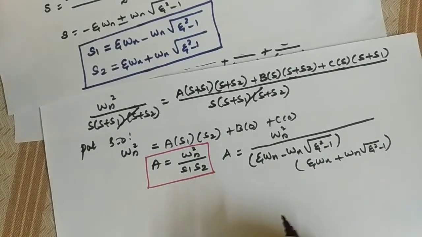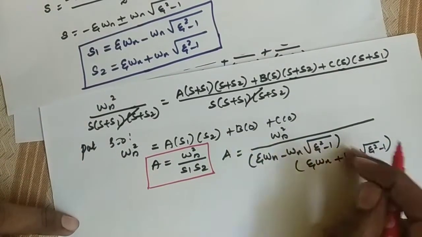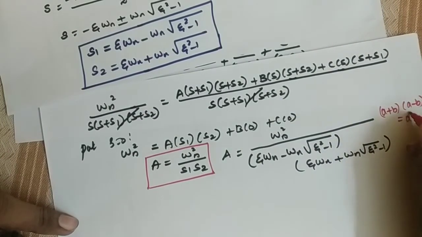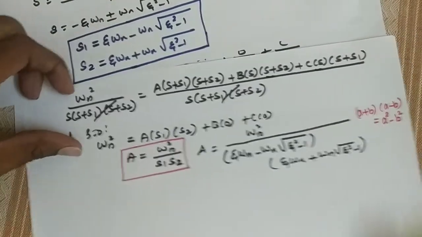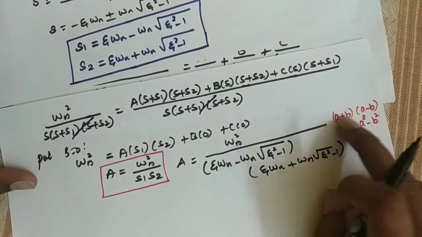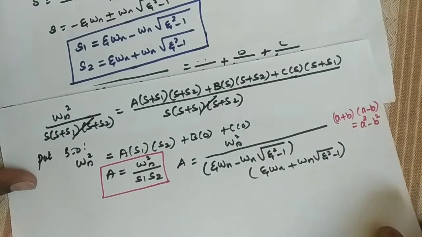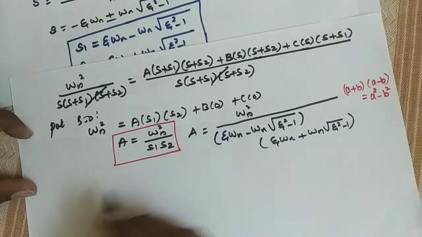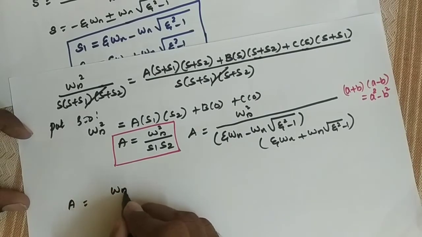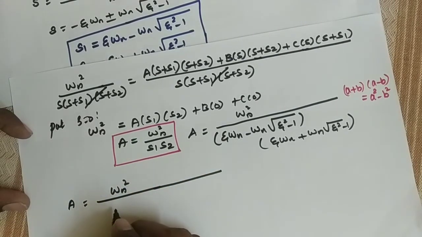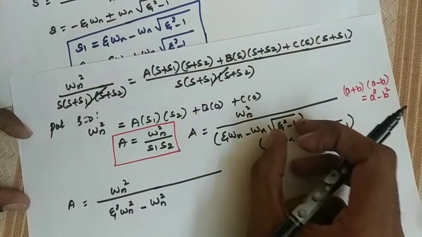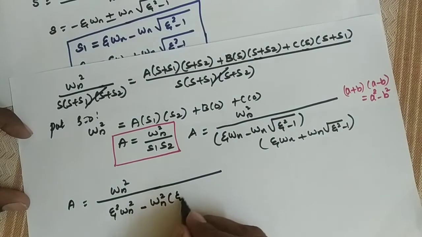This is similar to a plus b into a minus b, which is a square minus b square. So we can change the denominator as follows: eta square omega n square minus omega n square times the square of the term, which will be eta square minus 1.